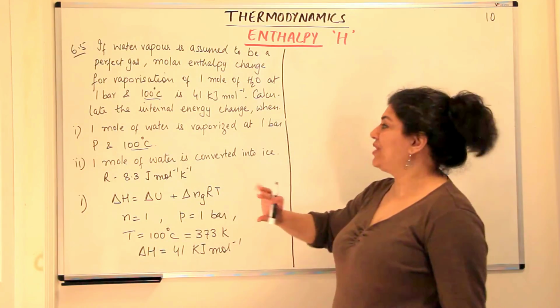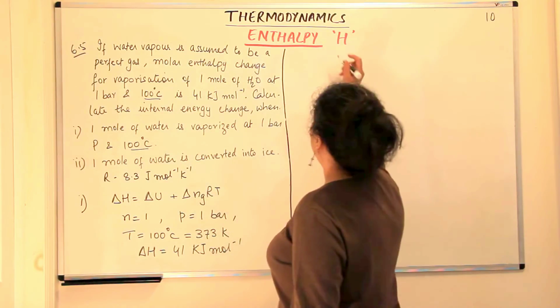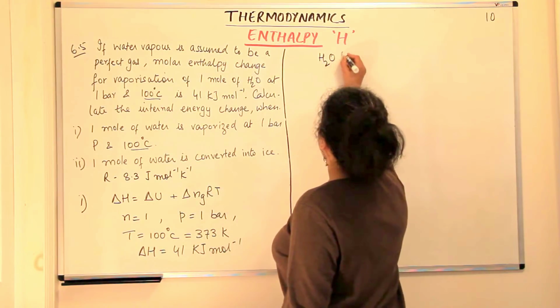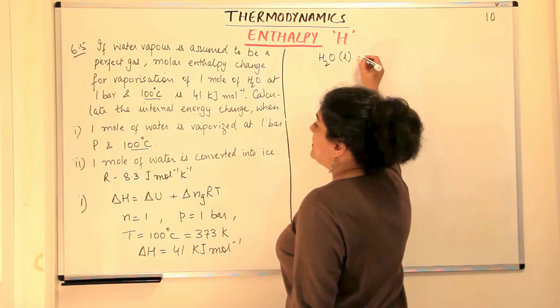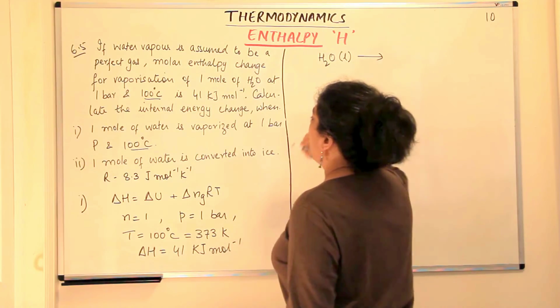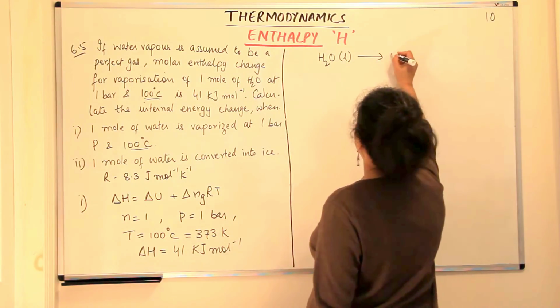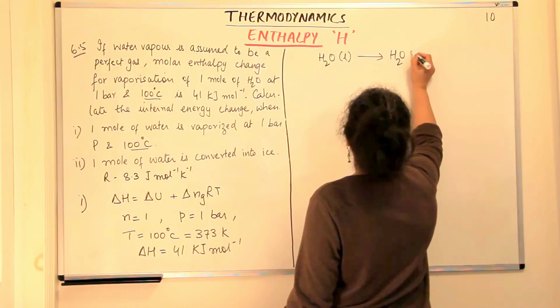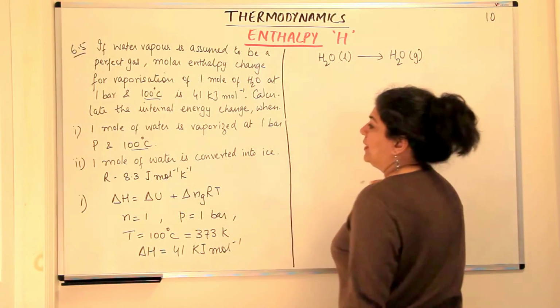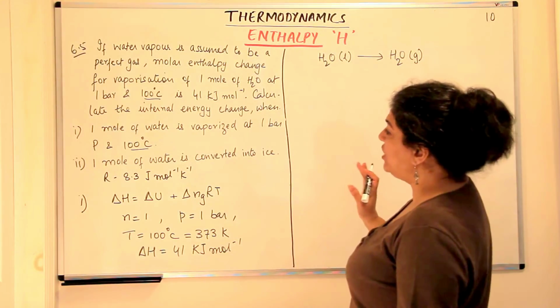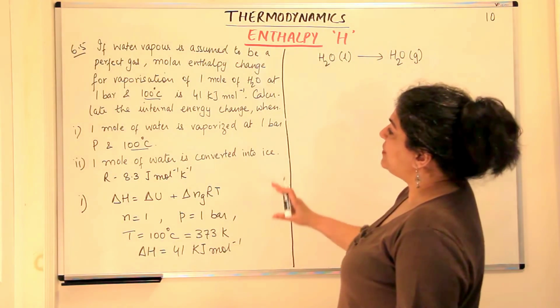Now what is the change that is occurring? 1 mole of water, now we have H2O liquid, 1 mole, is vaporized at 1 bar pressure and 100 degrees Celsius. It turns into H2O gas, right? This is the change that is occurring. What are we supposed to do?